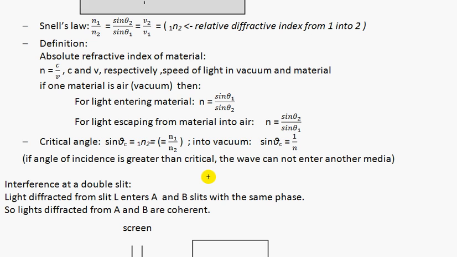This is the critical angle: at angles greater than the critical angle, light will not go through. So the formula for the critical angle is sine theta equals 1 over n.